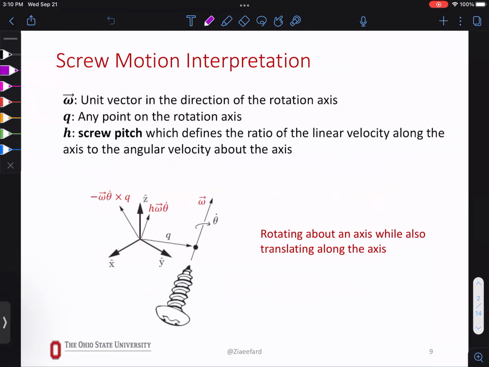One is the velocity generated because of the angular motion. One is the translational velocity along the pitch of your screw. And if this axis is off-center to the fixed frame, there will also be an element of omega cross product of q. So this would be a negative omega cross product of q.